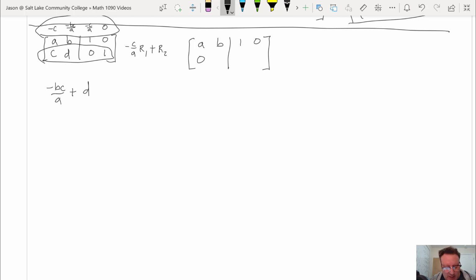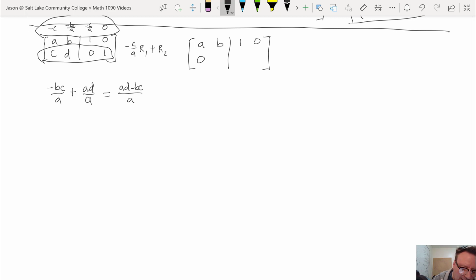Well, I need a common denominator of A. So I could write the D as AD over A, and then this could simplify to AD minus BC over A.